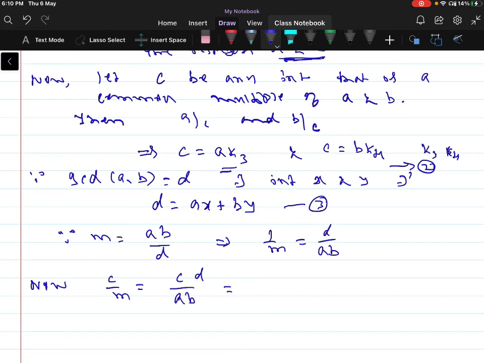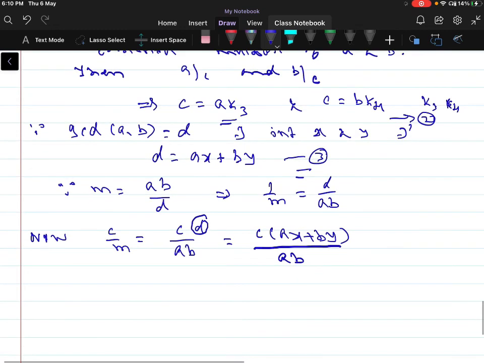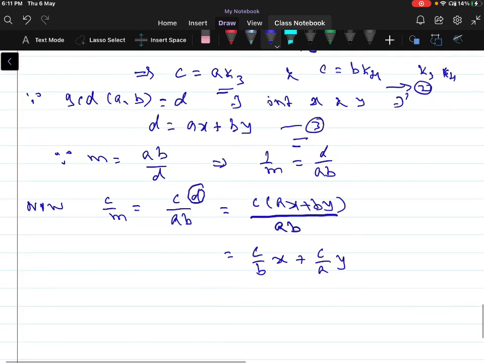So using equation 3, C into D is C into (AX plus BY), divided by A into B. So this is equal to C by B into X plus C by A into Y. By using equation 2, C by A is equal to K3 and C by B is equal to K4.